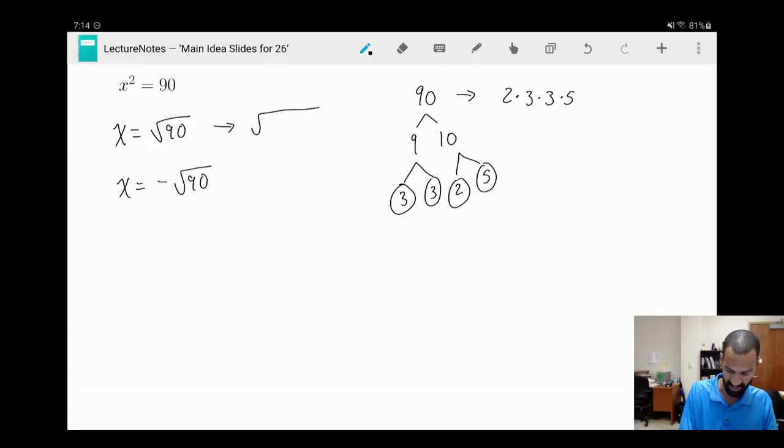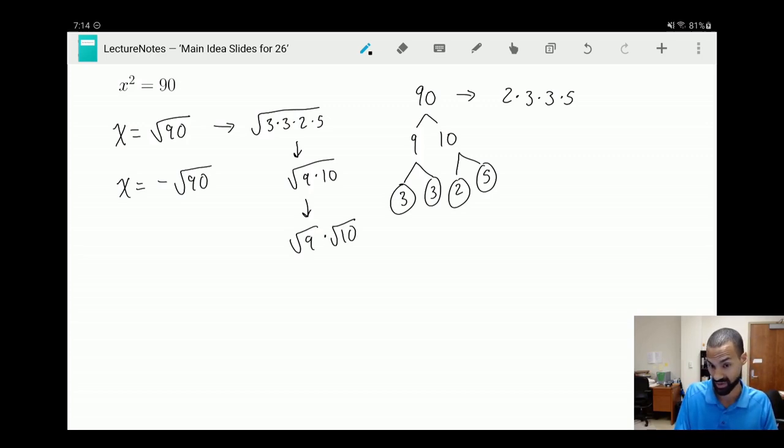Well, the square root of 90 is the same thing as, and I'm going to rearrange these a little bit, 3 times 3 times 2 times 5. This pair of 3's is the same thing as 9, right? And this 2 times 5 is the same thing as 10. This is the same thing as the square root of 9 times the square root of 10.